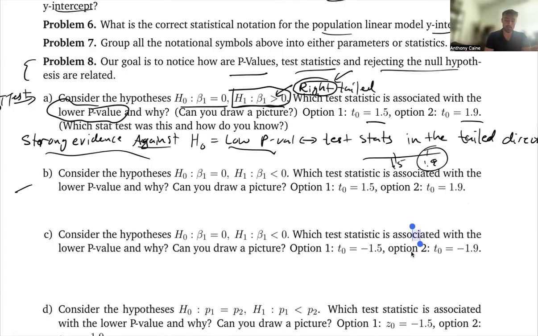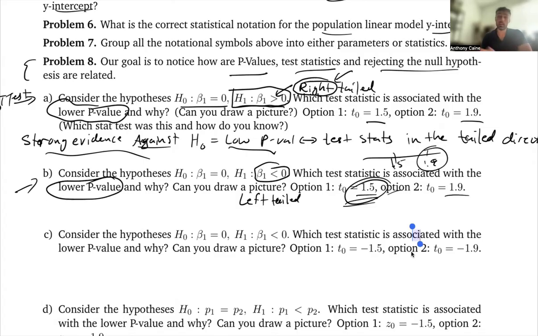Okay, let's look at B. This symbol is telling us this is left-tailed. So I look at these two values. That one lies more to the left, which means that one has a lower p-value. If this problem were to say which one has a higher p-value, then the answer would be that one, right?